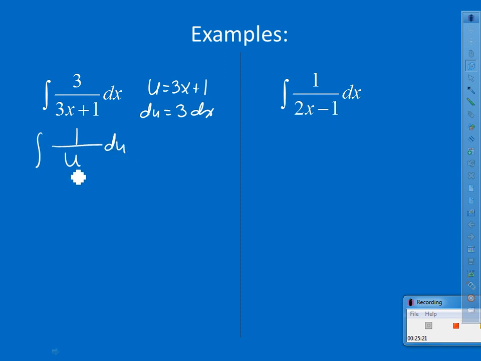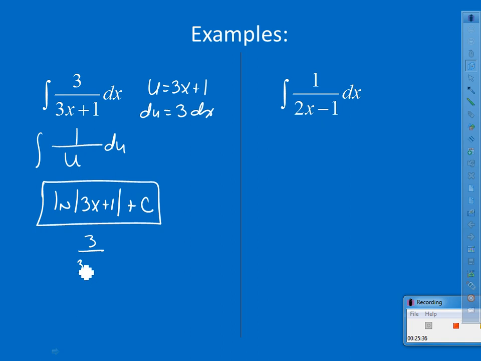That tells me this answer is the natural log of the absolute value of 3x plus 1 plus c. If I check it real fast, the derivative of what you see over what you see gets me right back to where I was.